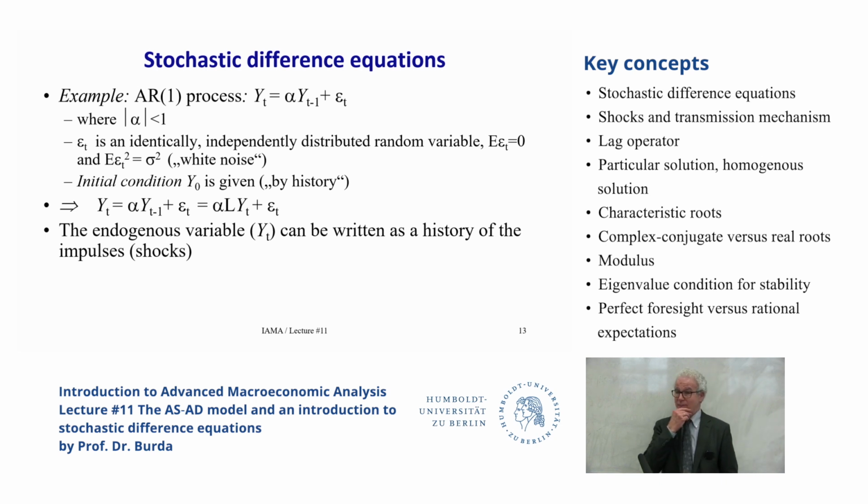This implies that the infinite past has an effect on today's value, in addition to the current shock. So the current shock gives us the jump of today, but all the past is just an accumulation of the lagged something. And that lagged something is exactly previous realizations of this shock.